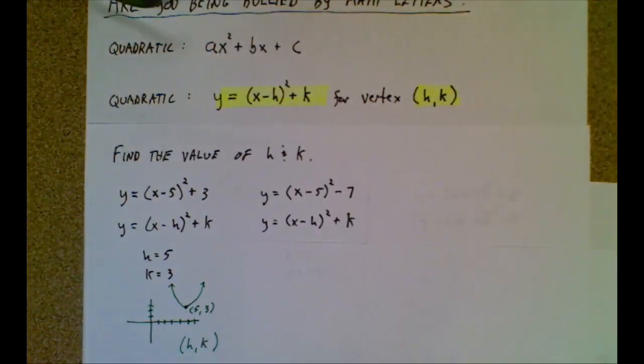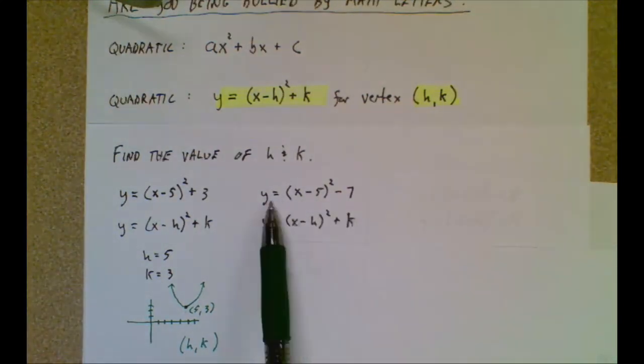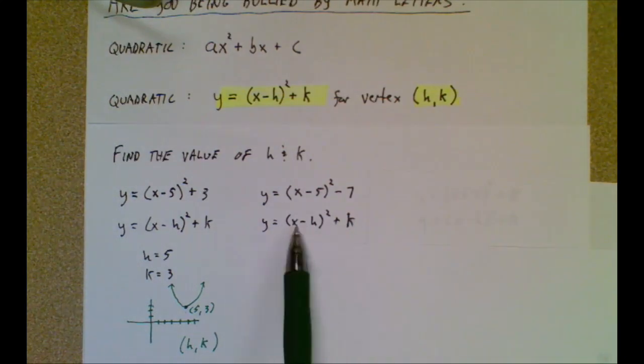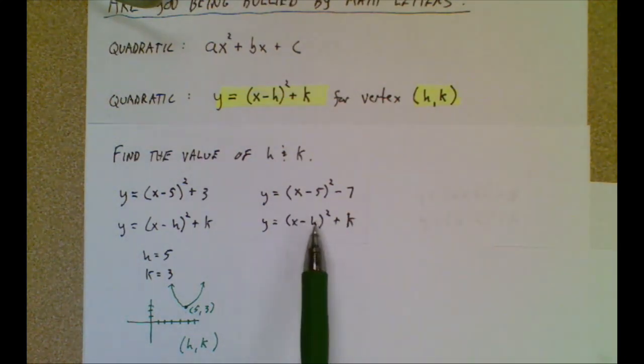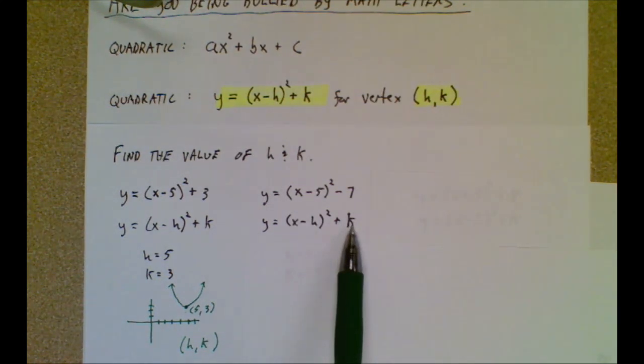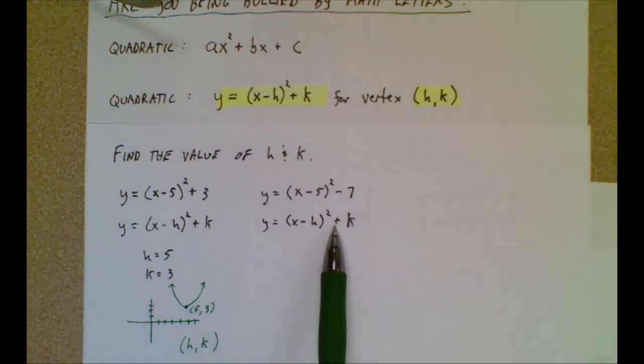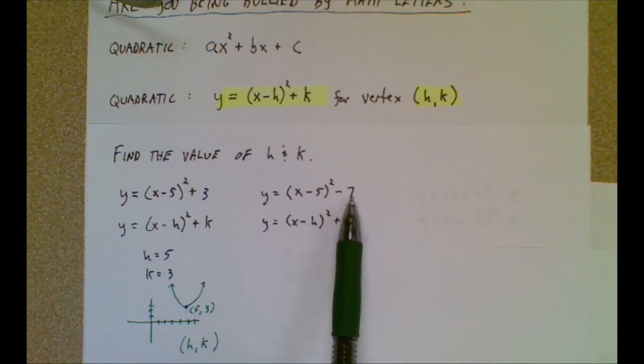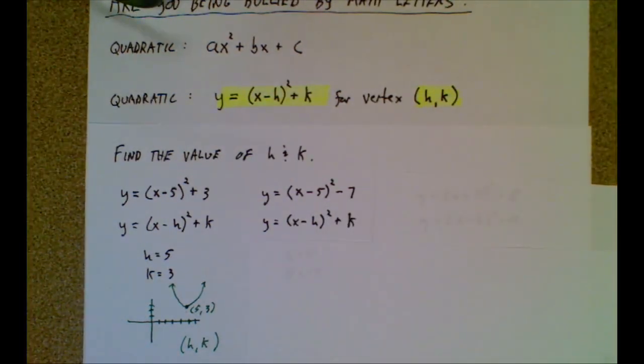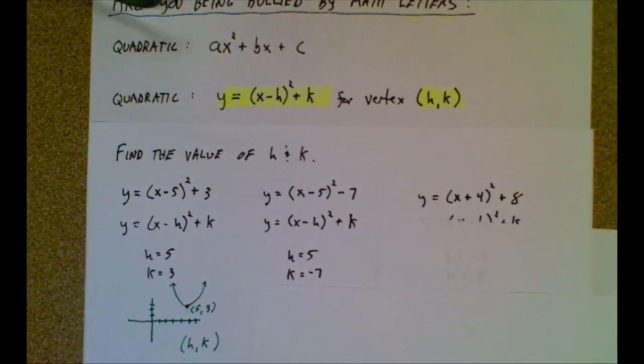In this next example, what is the value of h and what is the value of k? If you were given this equation, you would imagine this written right underneath it. So my h must be 5. And now be careful here. The k, it's supposed to be plus k, and that says minus 7. So you will have to do the little switcheroo.